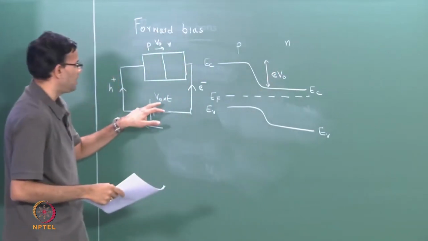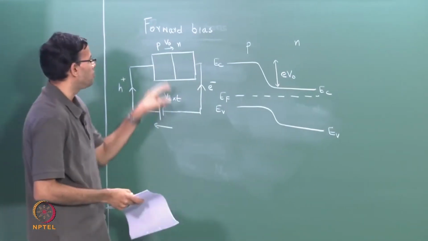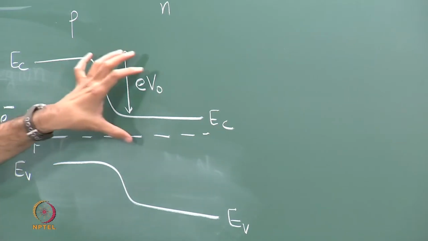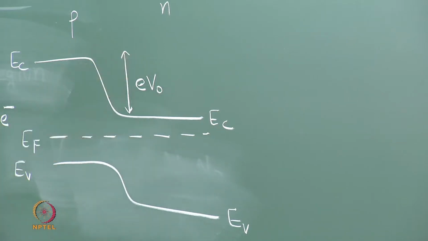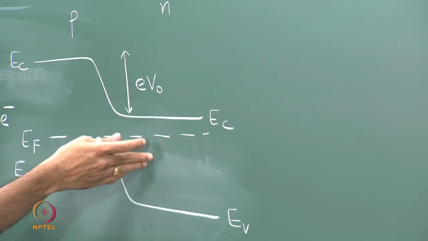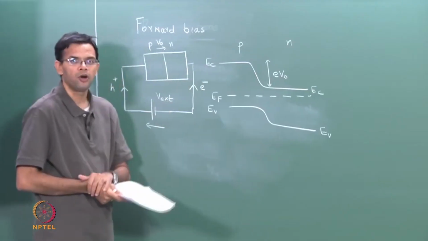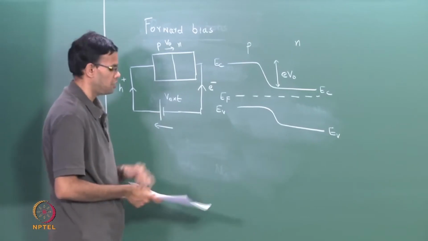I now apply an external potential that opposes V naught. So the equivalent of saying this is that this barrier is lowered. So what we can say is that the N side has shifted up, and it's shifted up depending upon the value of the external potential.